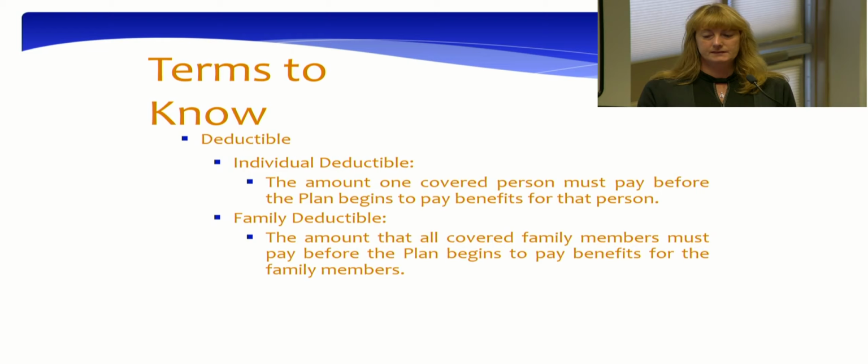The individual deductible is the amount one covered person must meet before services are covered, and the family deductible is a total of all family members must meet that deductible prior to any services being paid for that family.